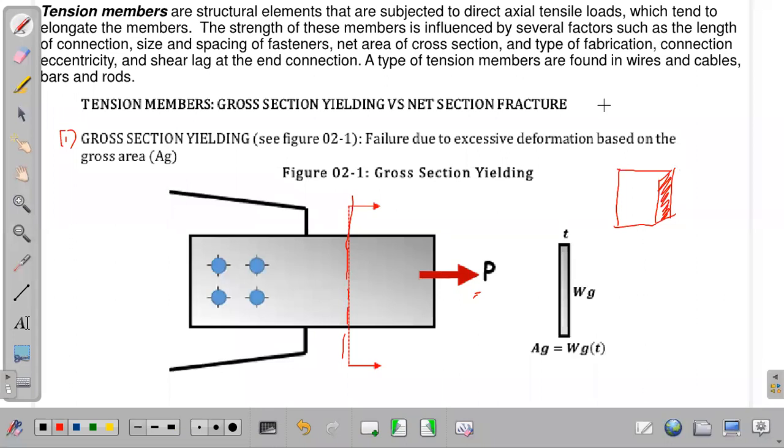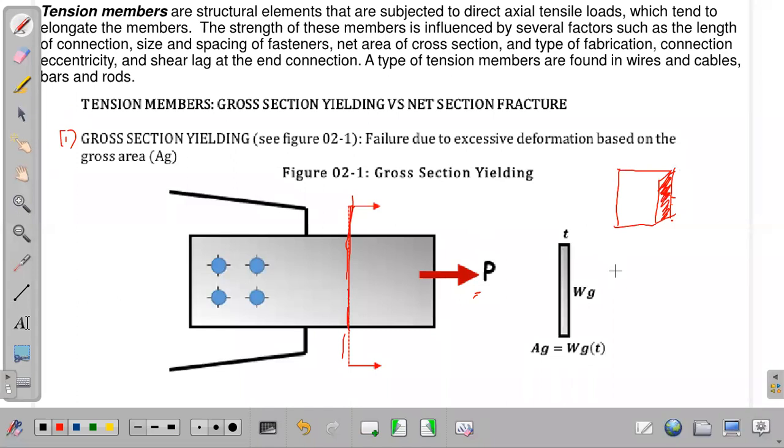Okay, so balik tayo dito. Pagka nag-apply tayo ng force dito, tapos napunit yan, yan yung magiging failure natin. Ang area natin dito is yung gross area. Pagka ang area ninyo hindi dumaan dito sa butas natin na connection, dito siya dumaan, hindi dito sa butas, ang tawag natin dyan is yung gross area.